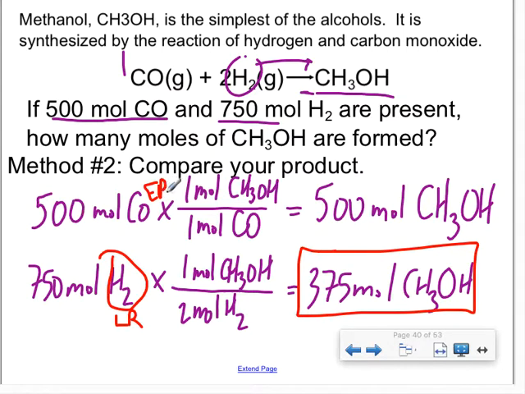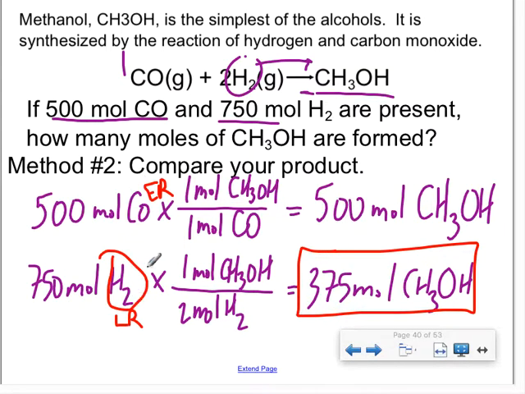And the second thing that method 2 tells you is how much you can actually make. So it's like you're hitting 2 birds with 1 stone. I think that's the phrase I want to say.